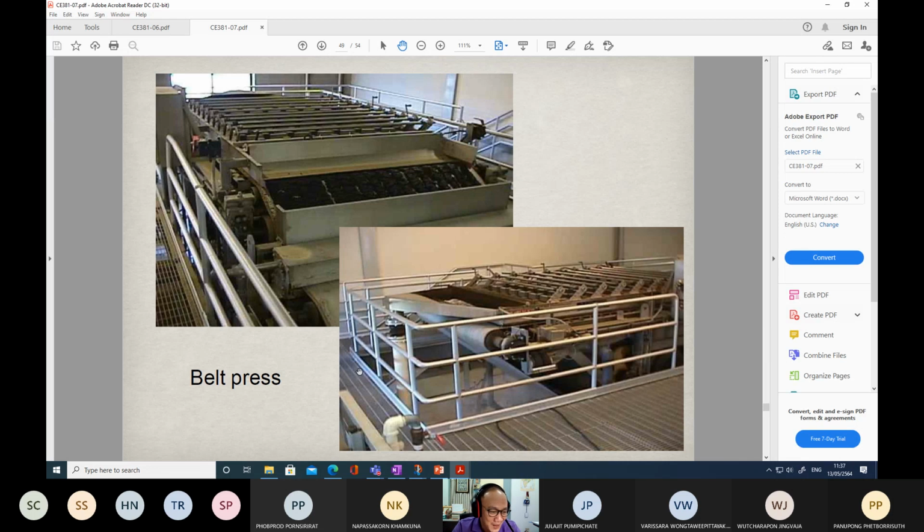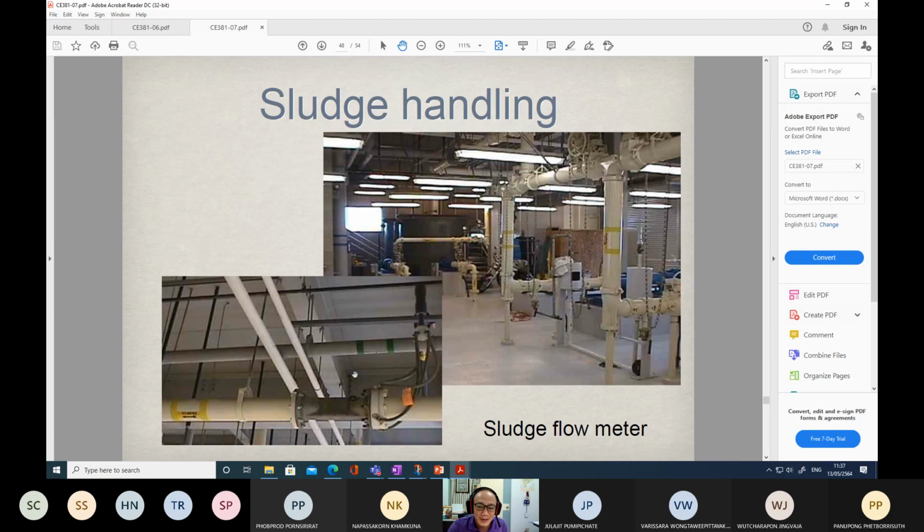But if you want to visit plants, maybe sometime after this course, I can take you to the central wastewater treatment plant just beside the Faculty of Architecture on our campus. So this is how the belt press works.